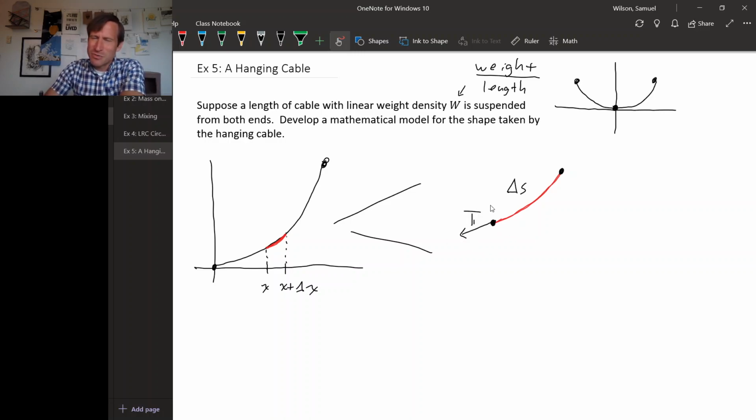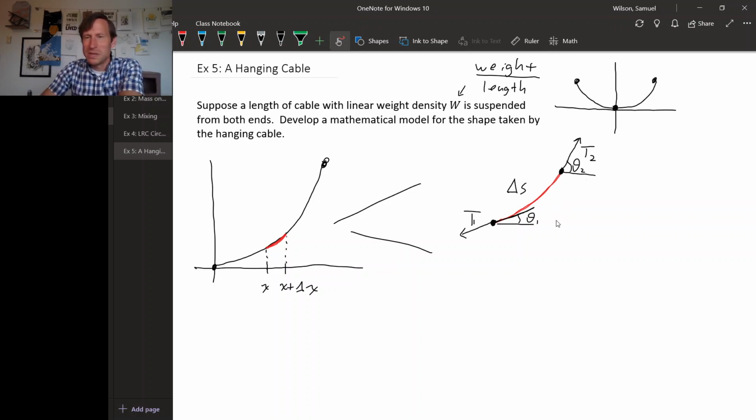And of course the direction of T1 sort of depends on the slope of the cable here. So let's call this angle theta 1. Okay, another force that's being exerted on this bit of cable is the neighboring cable to the right, which is some other tension, T2, and that has some direction that we could call theta 2.